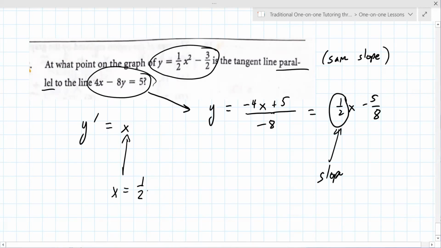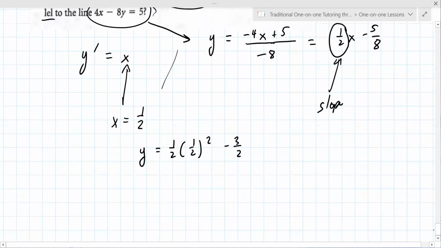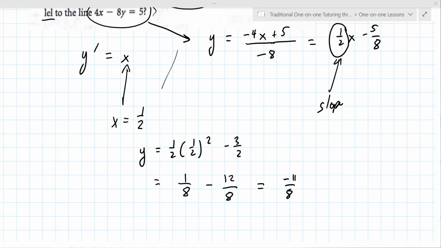To get the y value, because it says tangent, the 1/2 has to go back into the original equation. So that's 1/4, so 1/8, and then this becomes 12/8. Negative.